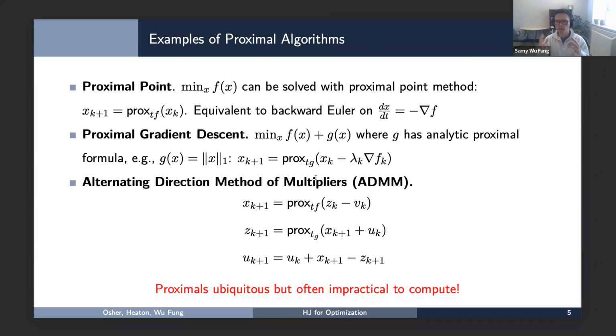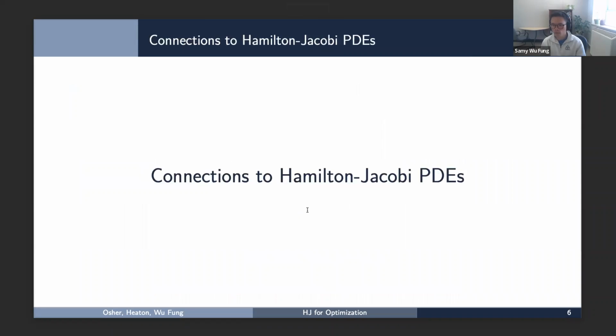Hopefully up until now we've seen that if I can compute proximals, then I have a lot of flexibility in how to optimize these functions. Our goal now is to see how we can efficiently approximate these proximals for general functions f. The way to do this is through some nice connections that we found with Hamilton-Jacobi PDEs. The idea is as follows.